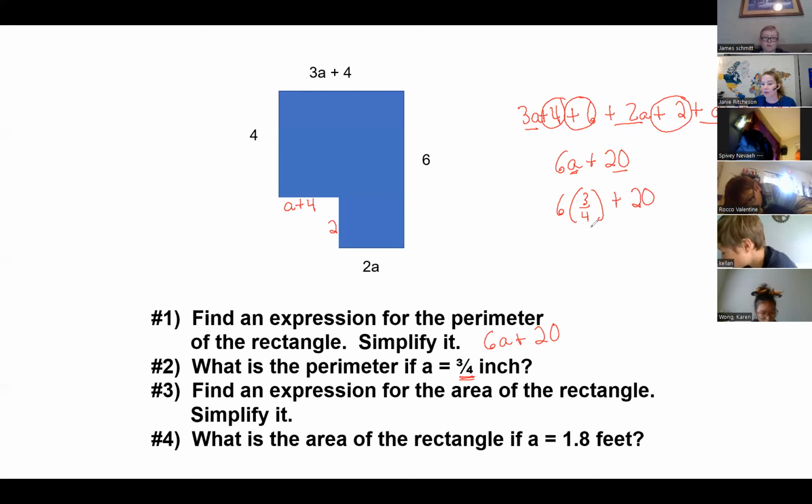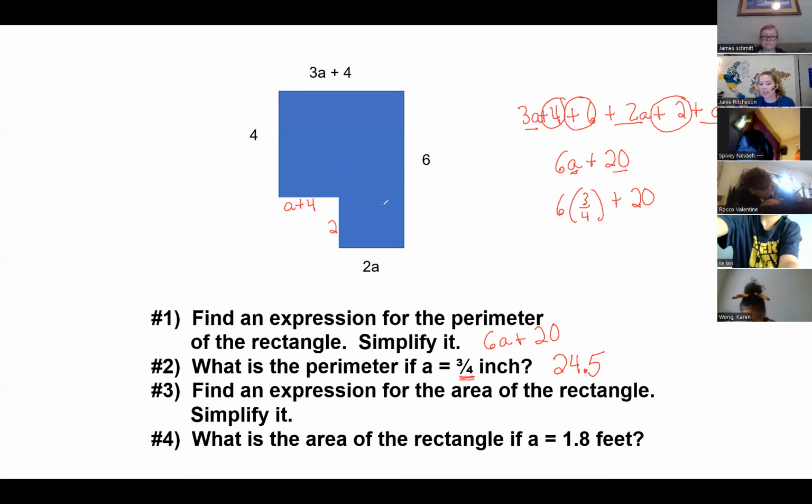So in our calculator, we're multiplying 6 times 0.75, or use our fraction button. So 6 times 0.75 plus 20 is 24.5.